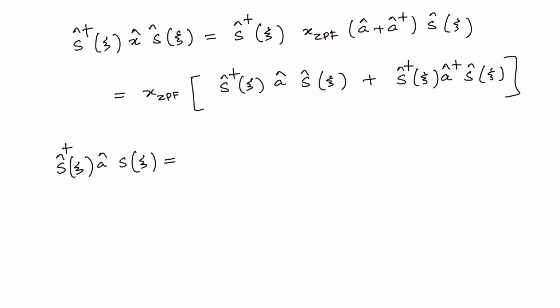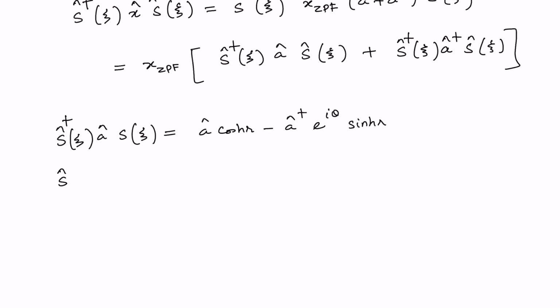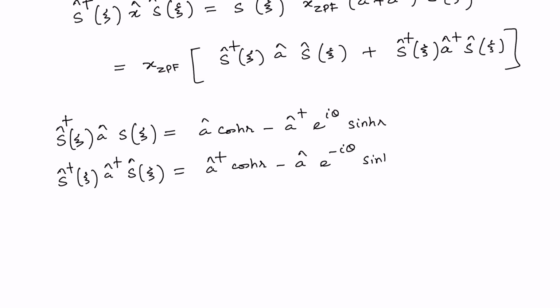Actually, I have proved it, and this is what you got, that is equal to a cosh r minus a dagger e to the power i theta sinh r, and the other one, S dagger xi a dagger S xi, is equal to a dagger cosh r minus a e to the power minus i theta sinh r.